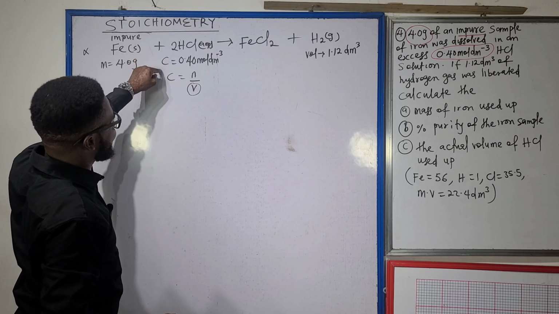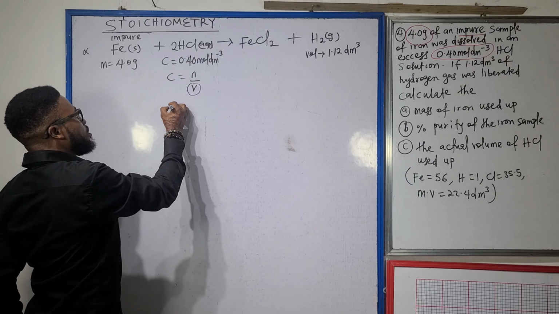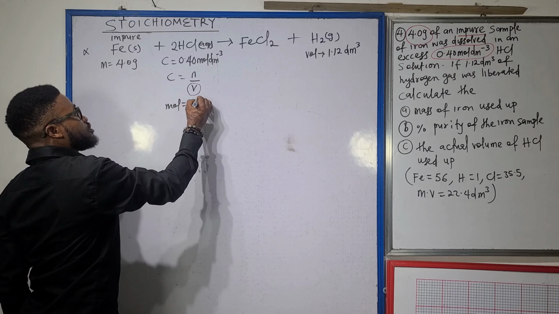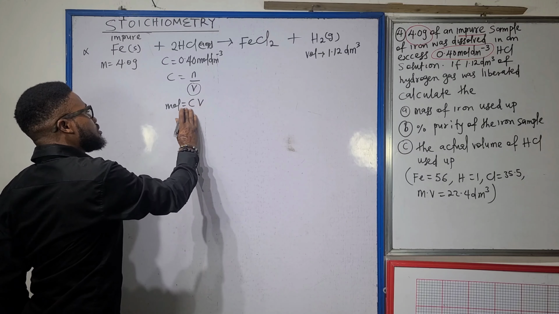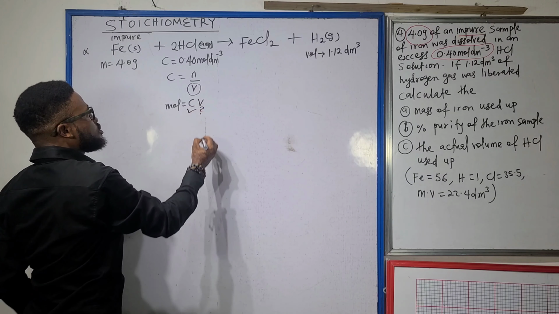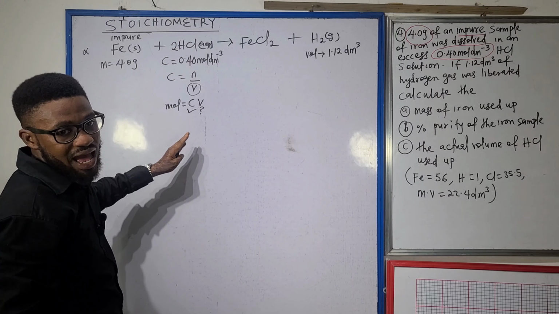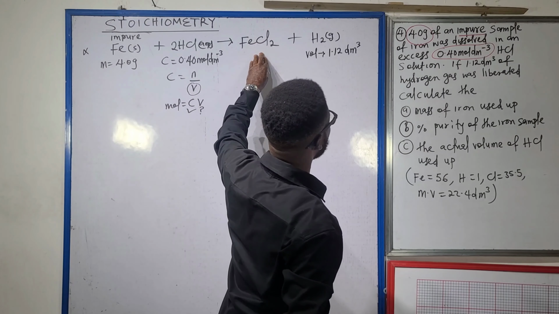Therefore, I cannot convert this to mole. The mole here would be concentration times volume, and I have the concentration, but I don't have the volume. So I cannot use this as my key, as I cannot get this in mole.